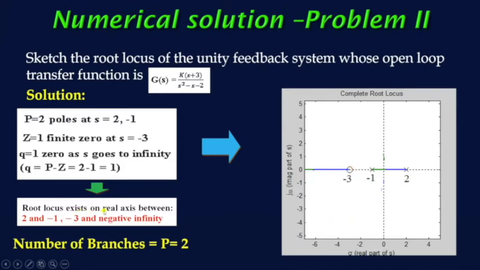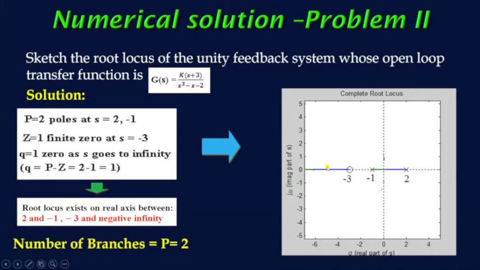Then find where the root locus exists on the real axis. Between 2 and −1, if we consider any test point, the right-hand side has only 1 pole, which is odd. So the root locus exists between 2 and −1. Similarly, between −1 and −3, if we consider any point there, the right-hand side has 2 poles, which is even, so there is no root locus branch.